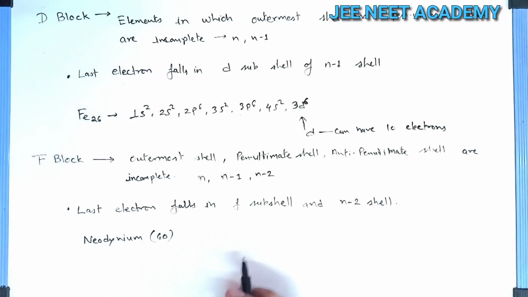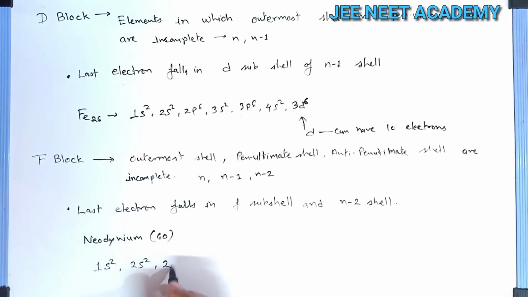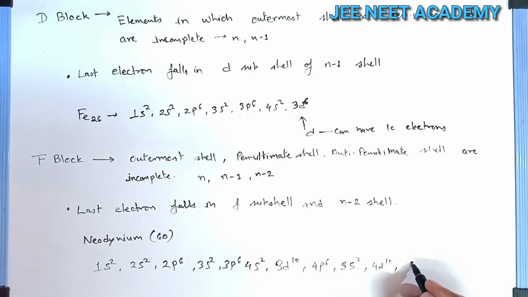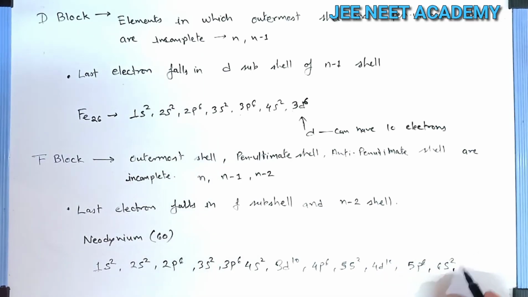Neodymium will have 60 electrons, and electronic configuration will be 1s2, 2s2, 2p6, 3s2, 3p6, 4s2, 3d10, 4p6, 5s2, 4d10, 5p6, 6s2, and 4f4.